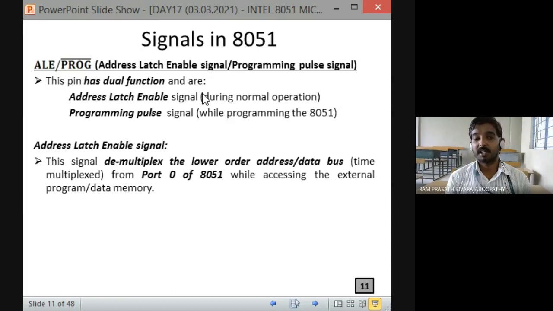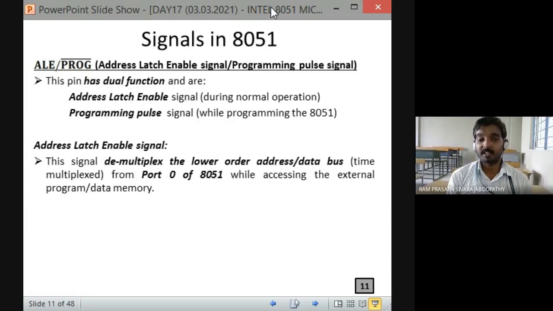So the 16-bit address and 8-bit data bus are maintained on 16 pins. Correct? So multiplexing is done internally. To demultiplex it, we have to use this ALE signal. Okay. So if you look at how the signals are arranged, the lower order address and multiplexed data both come on port 0.